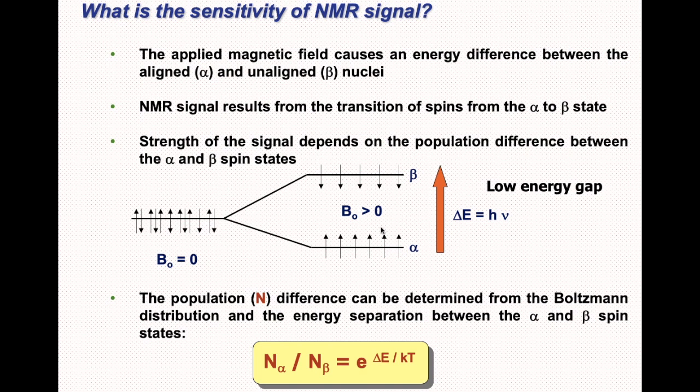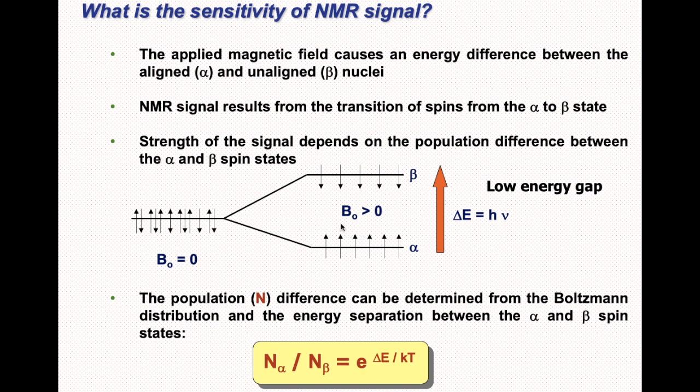How can the energy gap be increased? One approach is to increase the field strength so that the energy separation increases. You may recall the formula I have given you. For a two spin state system, the energy separation delta E is related to the applied field strength.